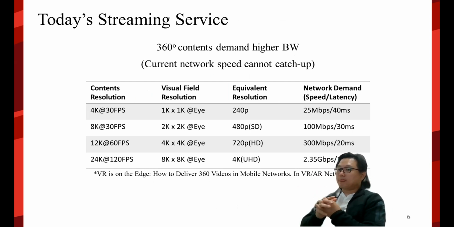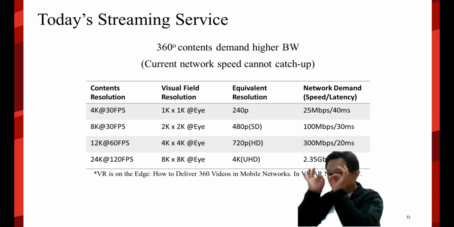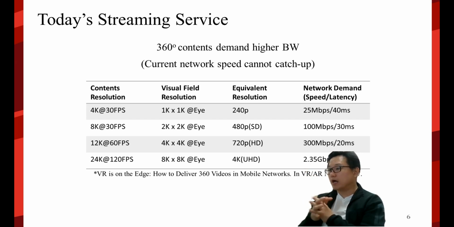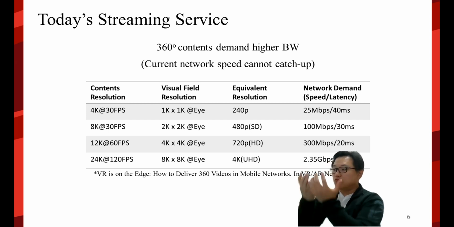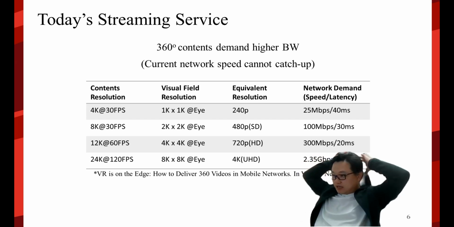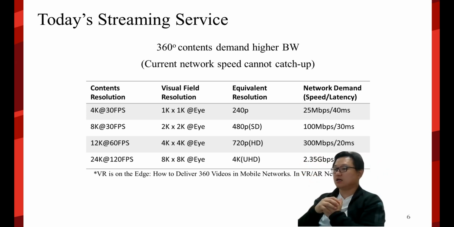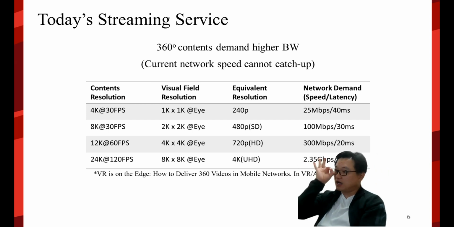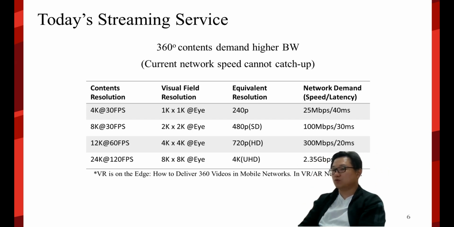If I stream 4K content at 30 FPS and watch 1K by 1K per eye, what I can actually see is only 240p, which is too low. My content is 4K, but I watch only 240p, because the content is all around my headgear, as 360 content, so the part I can see is only 240p.